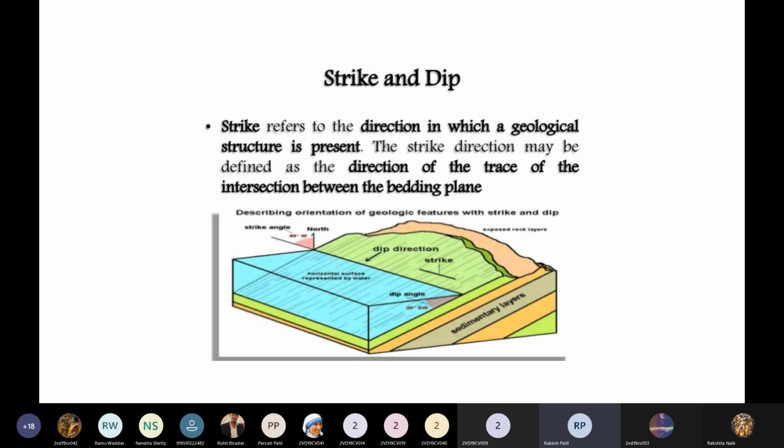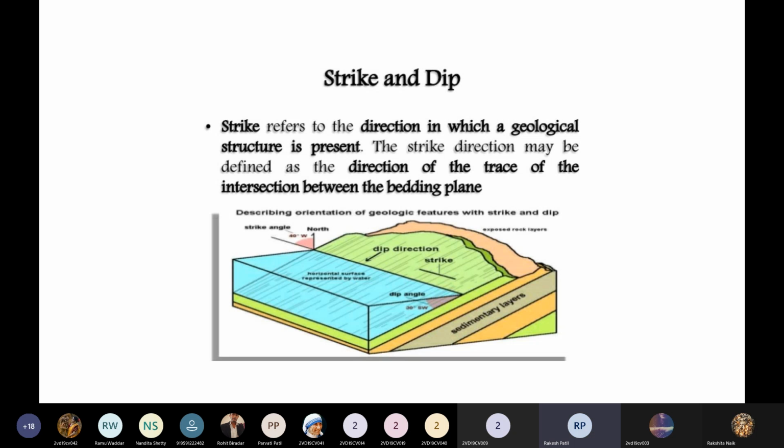In an outcrop, two different terminologies will be there. This terminology will be very helpful to understand the deposition of rocks. For example, if you are constructing a dam, this strike and dip is very essential. We will discuss that in later classes.